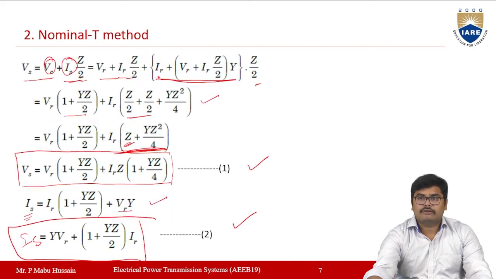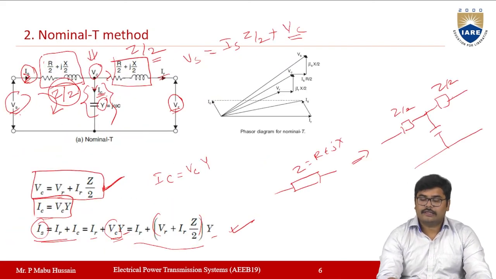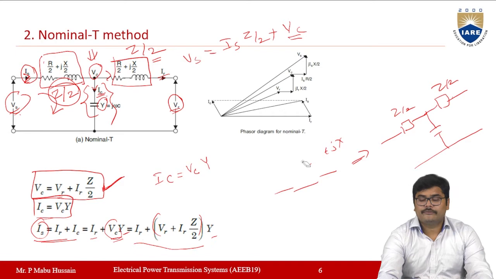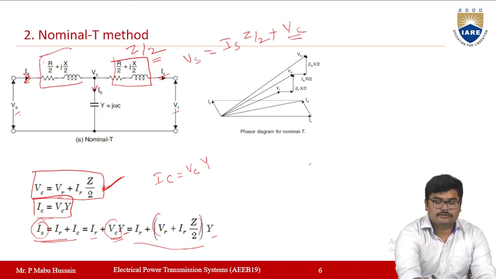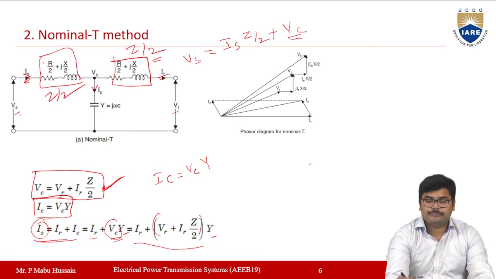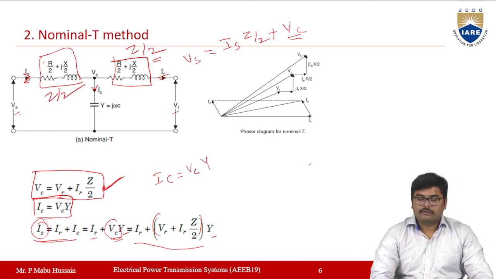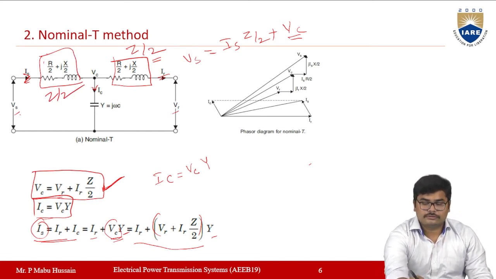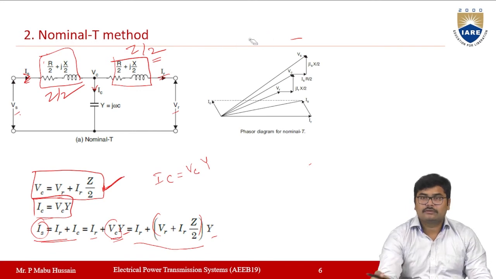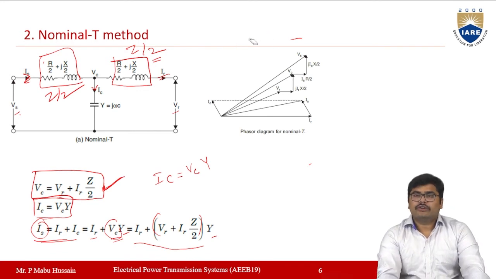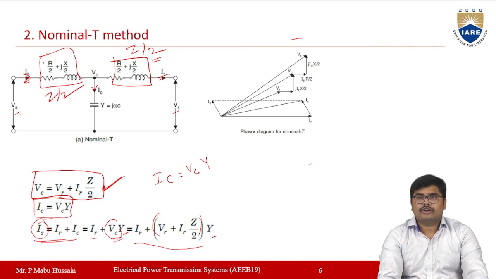So now if you were asked to find or draw the phasor diagram for this nominal network, how can you draw it? Let us see now. So this total is Z by 2. Okay, right? For drawing the phasor diagram, first you have to take the reference voltage or current.